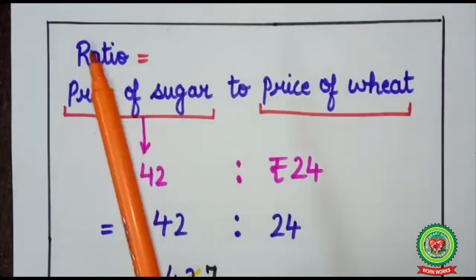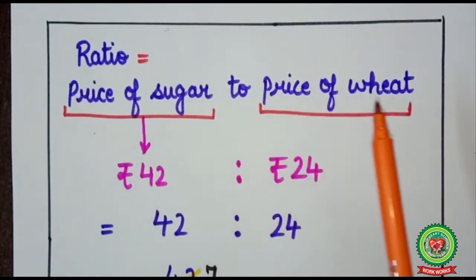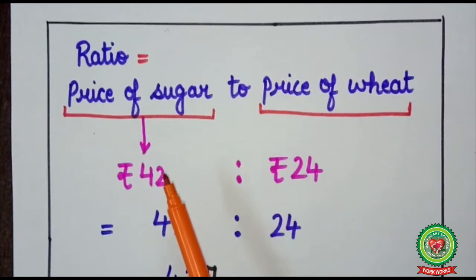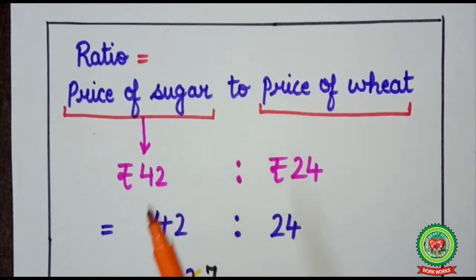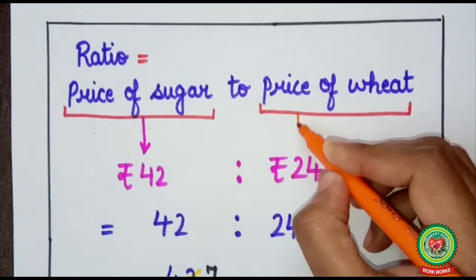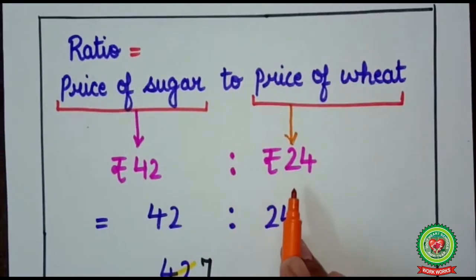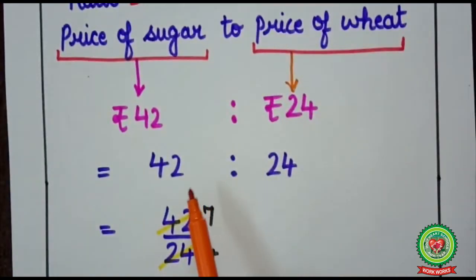Next step is to find the ratio of the price of sugar to the price of wheat. Here the price of sugar is rupees 42 and in place of the colon we will write the symbol of ratio, and here the price of wheat is rupees 24. Now the units are the same, so there is no need to write units. We will write here 42 ratio 24.